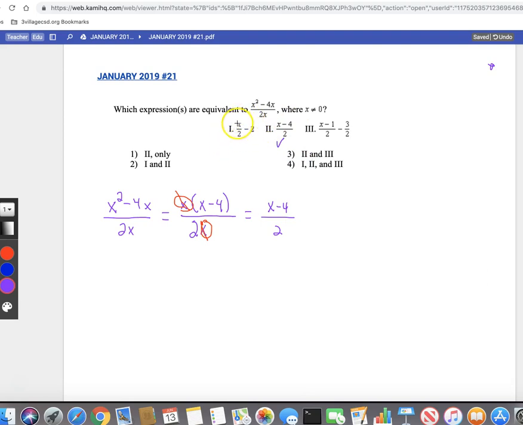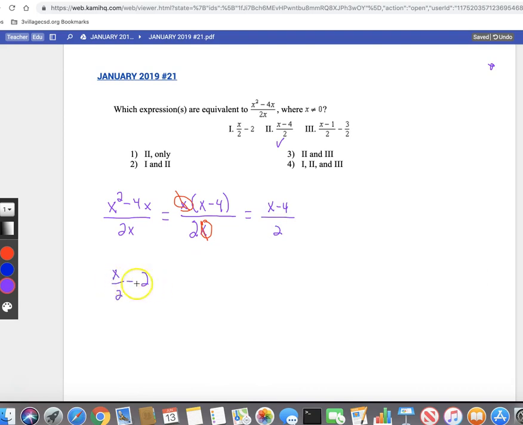To see if choice 1 is equivalent to our expression, we could start with x over 2 minus 2. We can try to perform the operation of subtraction to see if this is equivalent to x minus 4 over 2.